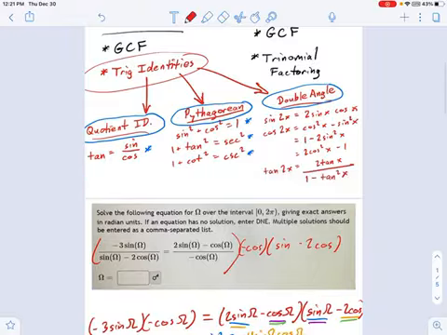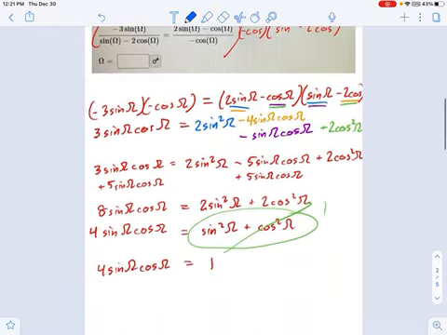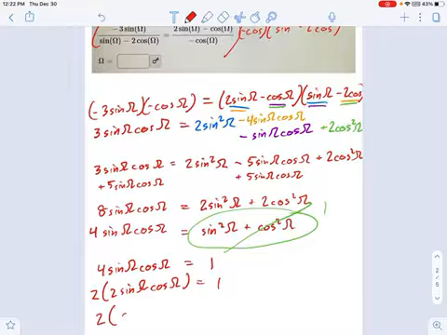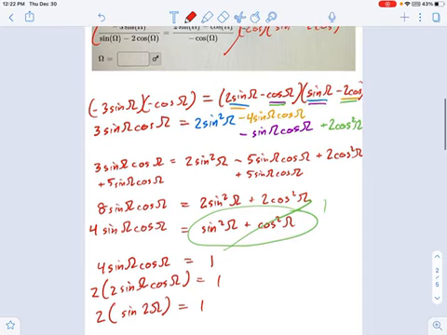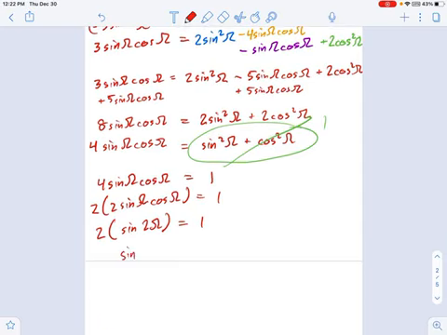If you look over here, we've got sine of 2x equals 2 sine cosine. And what do we have here? We have 4 sine cosine. So that is really just 2 times 2 sine cosine, which means 2 times the sine of 2 omega, which means the sine of 2 omega equals 1/2.